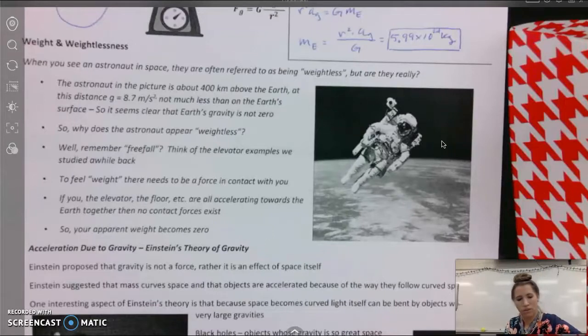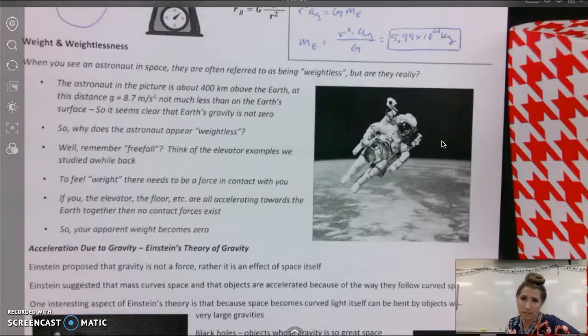And so you felt like you didn't weigh as much. And then we talked about, what if it was accelerating at the acceleration due to gravity? What if the floor was falling at 9.81 meters per second squared, but then you were also falling at 9.81. So you're just hovering above the ground. There's no normal force pushing back up on you.